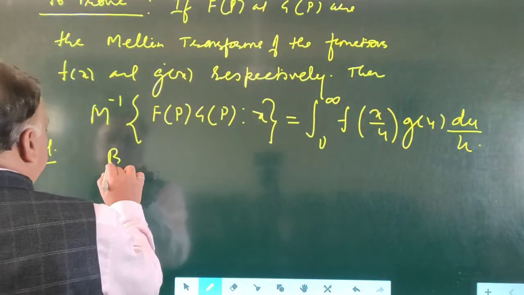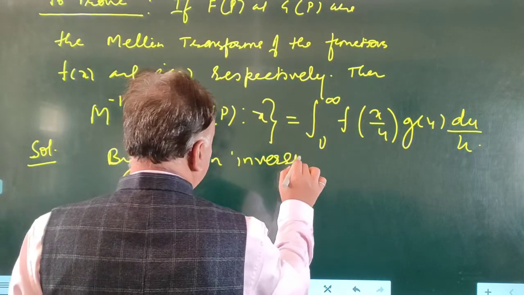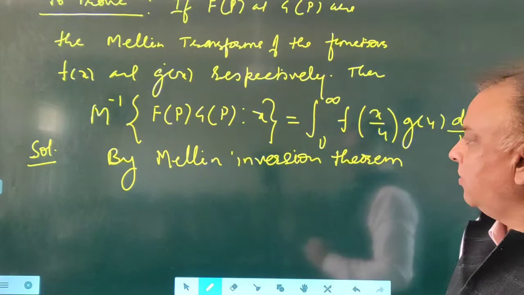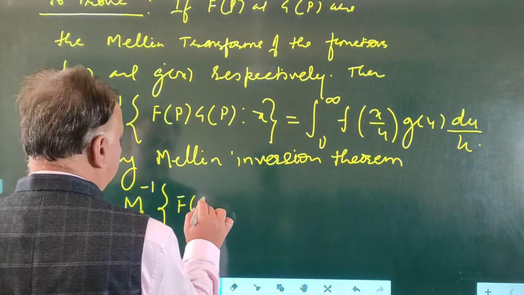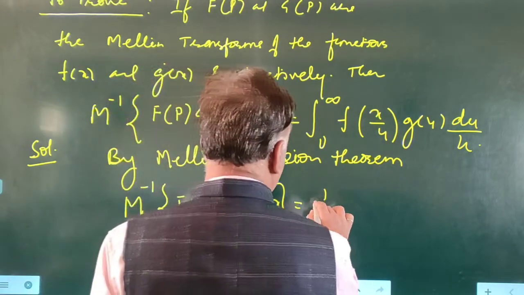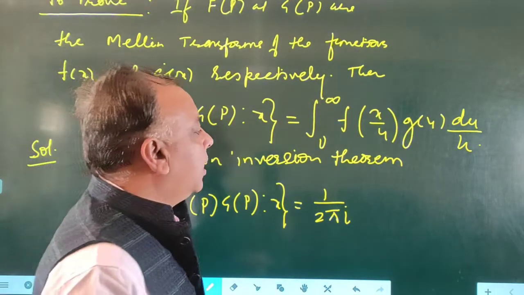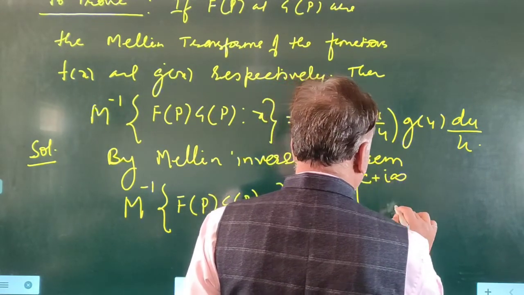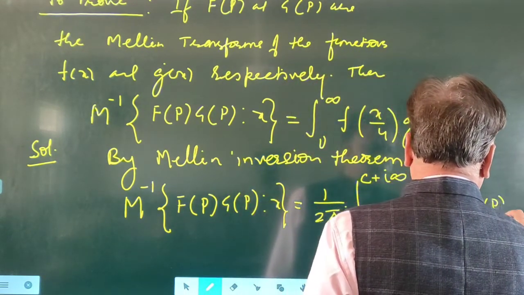So, by the Mellin inversion theorem, the inverse Mellin transform of F(p) G(p) with respect to x is equal to 1 upon 2 pi i, the integral from c minus i infinity to c plus i infinity of x raised to minus p F(p) G(p) dp.